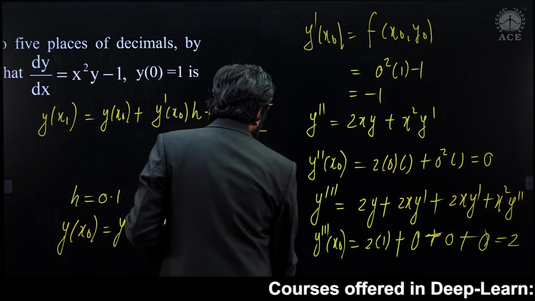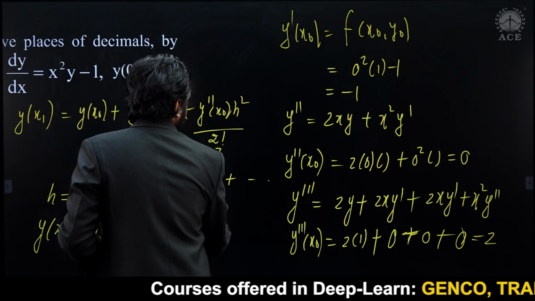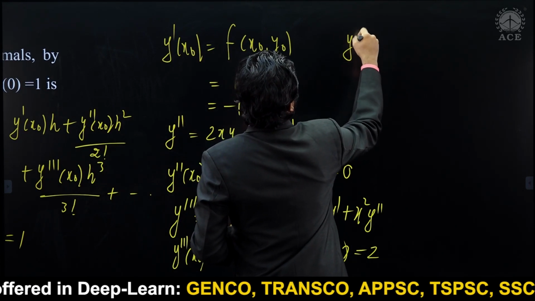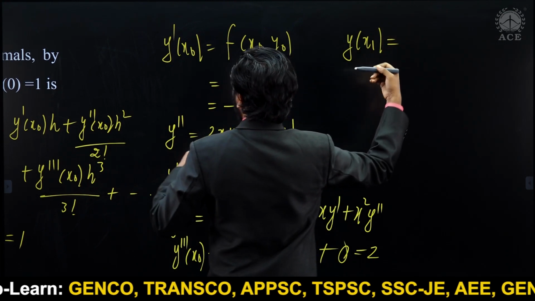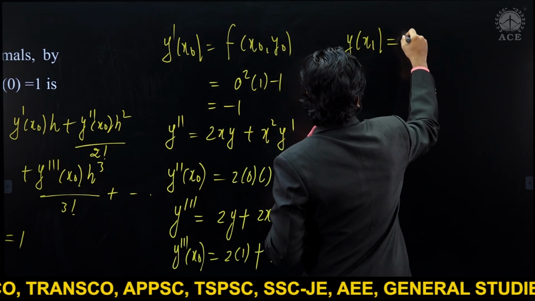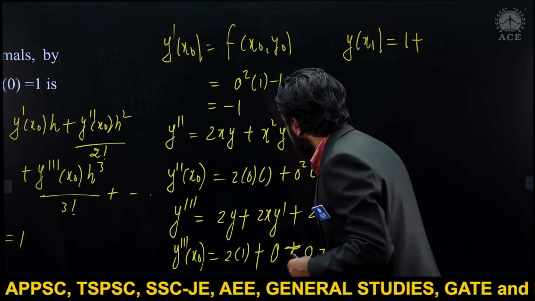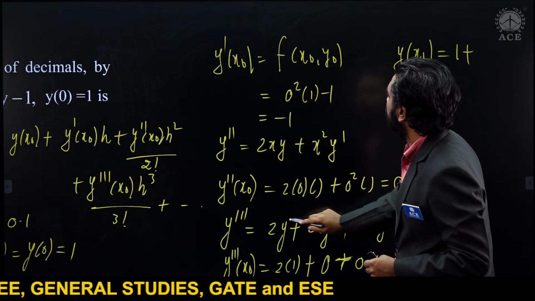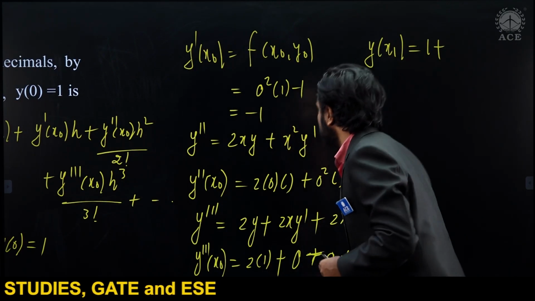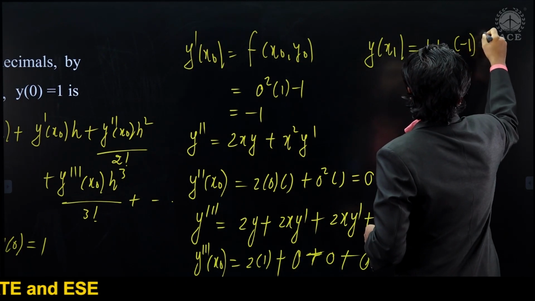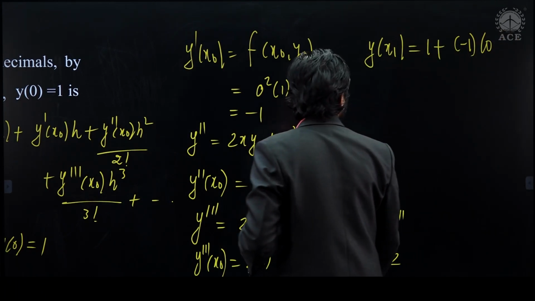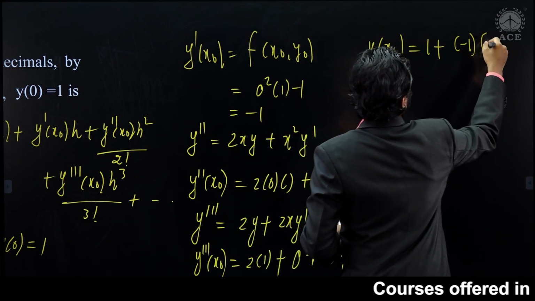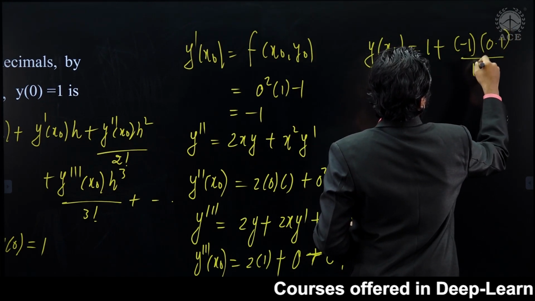So when you ignore this, let's see what happens. What is y of x1? It is y of x naught, that is 1, plus y dash, which was minus 1, so minus 1 into 0.1 by 1 factorial.